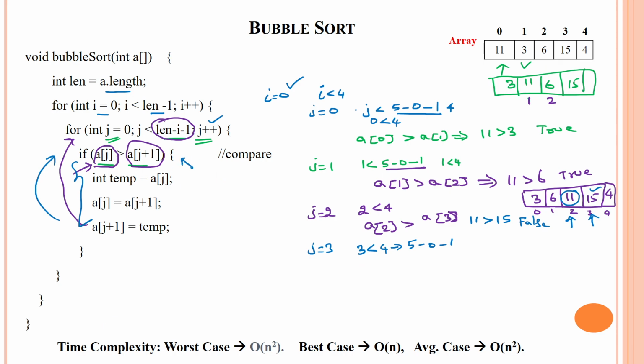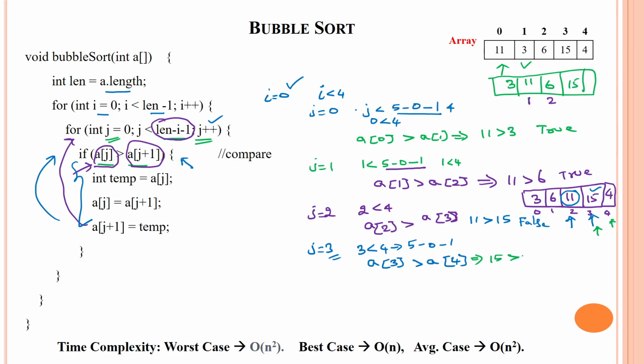In the if condition, a of j is here 3, a of 3 greater than a of j plus 1, 3 plus 1, which is 4. So based upon this condition, what is a of 3? a of 3 is 15. So 15 greater than a of 4.